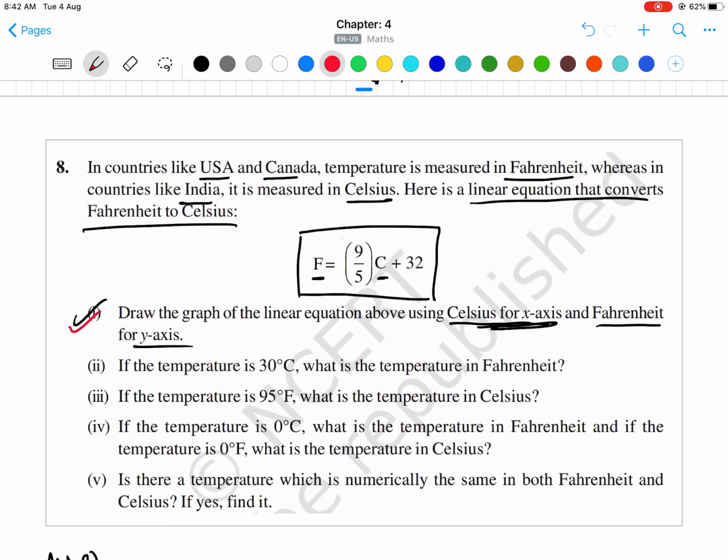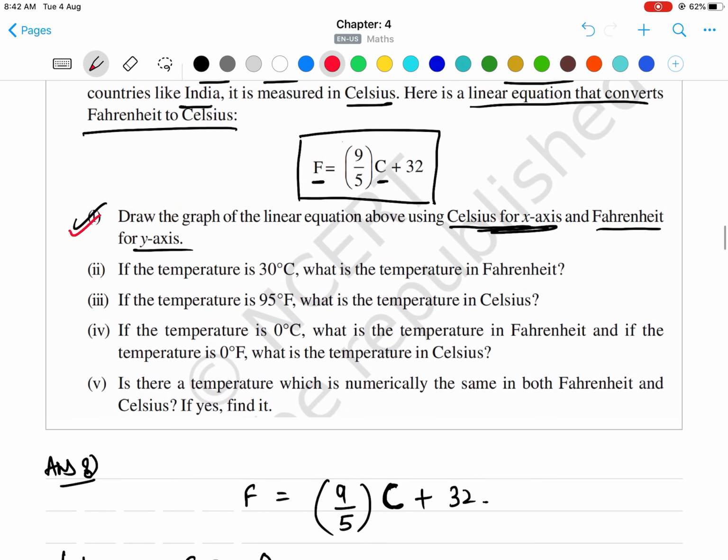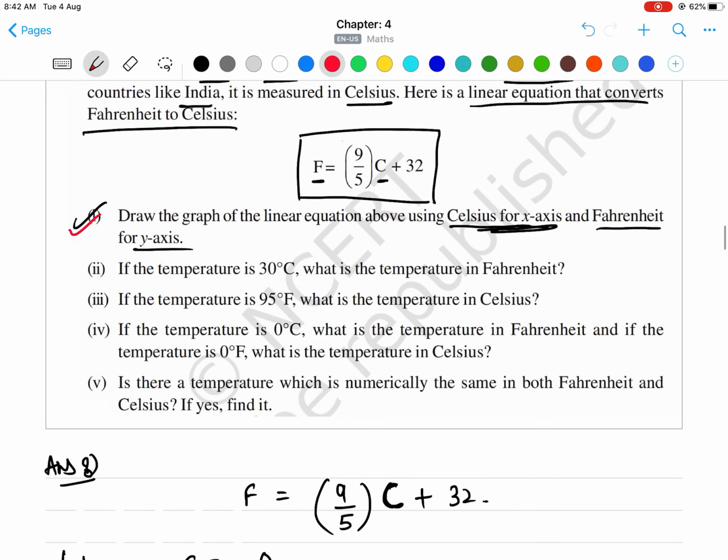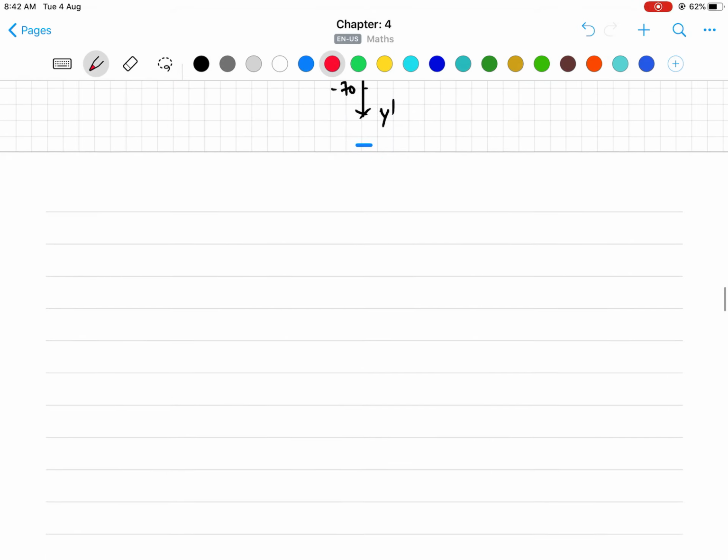Draw the graph of the linear equation with Celsius for x-axis and Fahrenheit for y-axis. Next we have, if the temperature is 30 degrees Celsius, what is the temperature in Fahrenheit? That means the C value is given, you have to find the corresponding value for Fahrenheit. So let's do this.